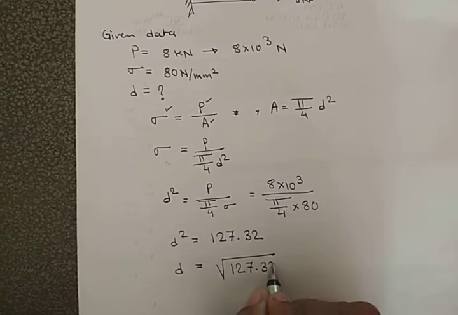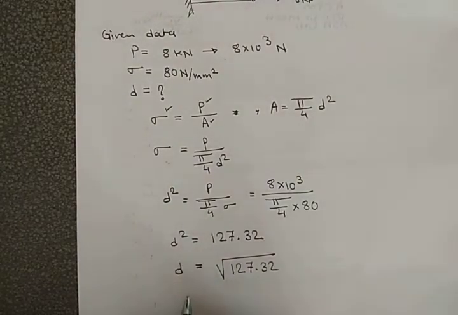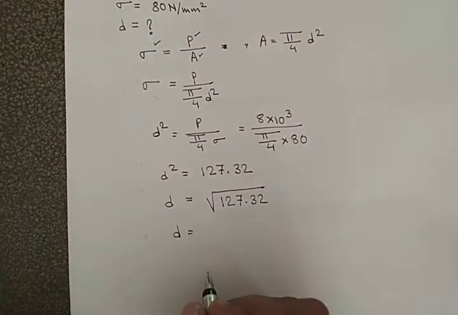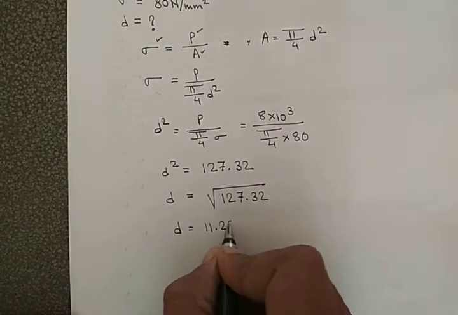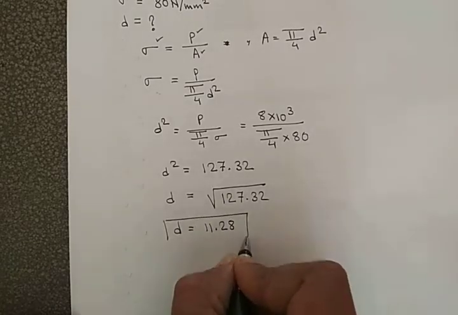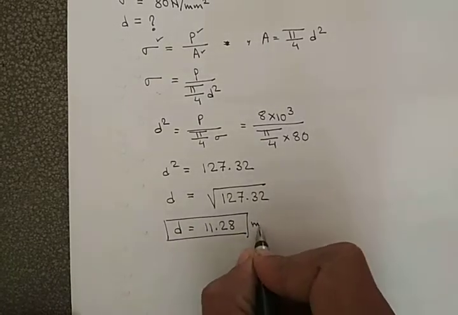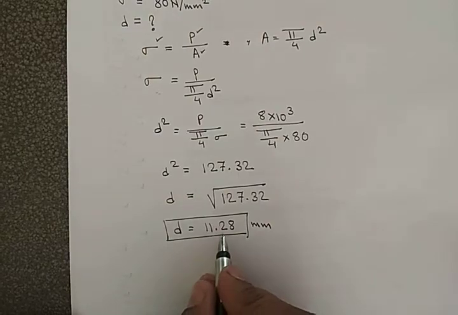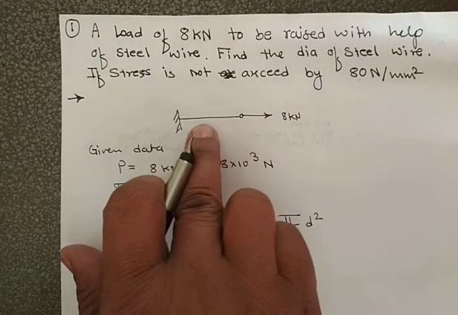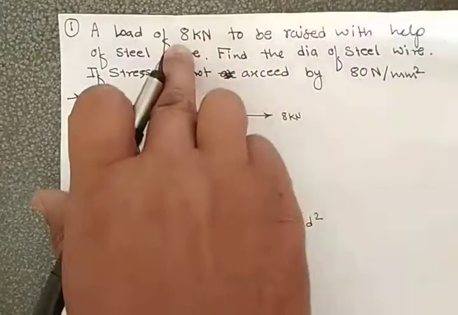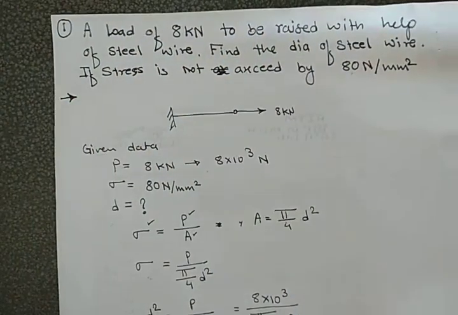After putting the square root, we will get the value of diameter, that is 11.28. The unit of this is mm. So 11.28 mm is the diameter of this wire to carry a load of 8 kilonewton.